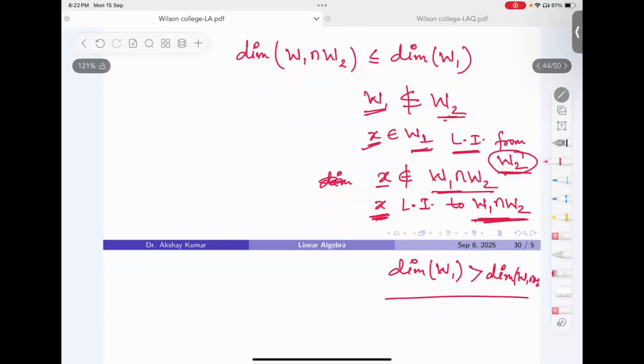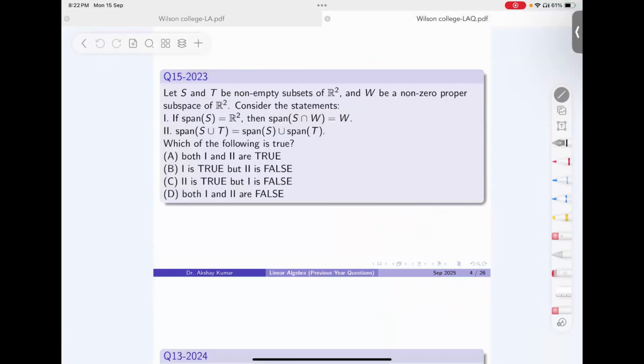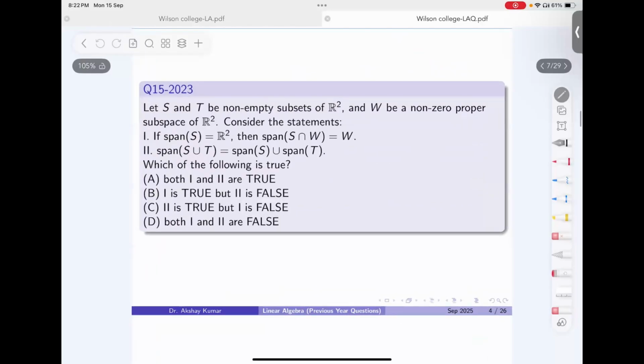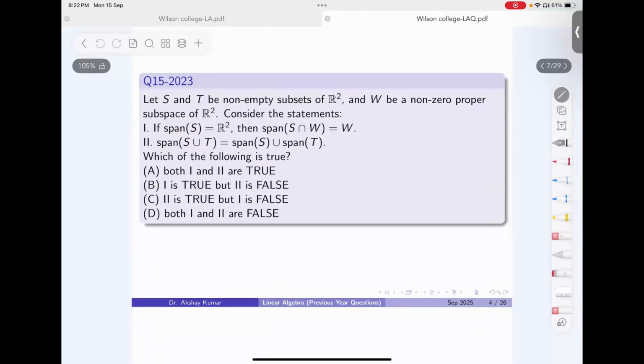Okay, so I think we can solve some questions now. This is a last year question, 2023, question 15. In the exam they asked: suppose you have two non-empty subsets S and T of R2, and W is a non-zero proper subspace. Consider the statements.